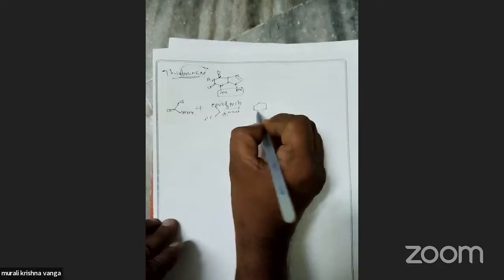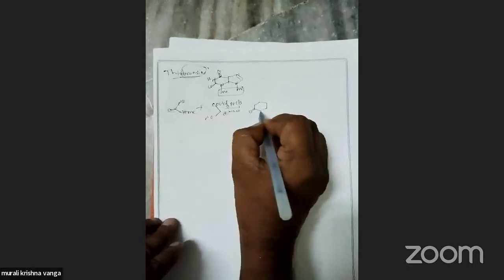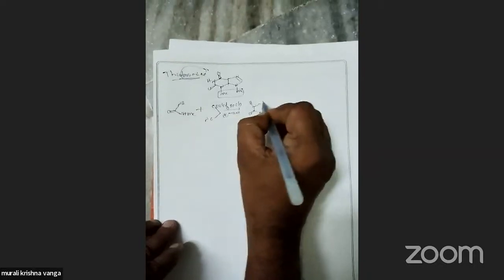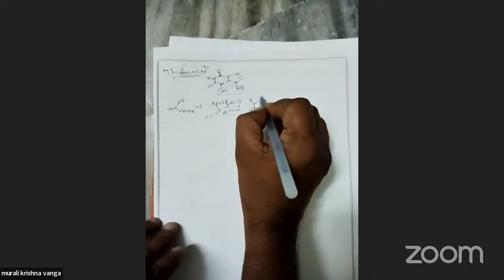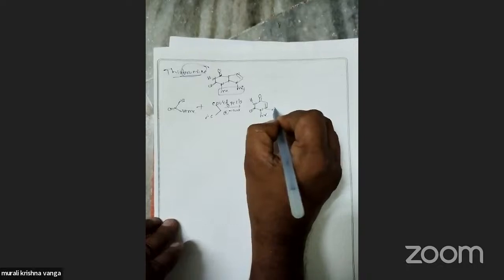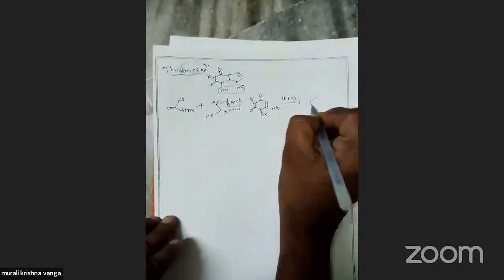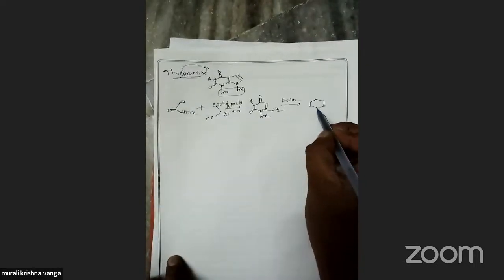Then the product is C double bond O, N methyl, NH, C double bond O, NH2. Then reacting with HNO2, N methyl, NH2, NO, C double bond O, NH, C double bond O.